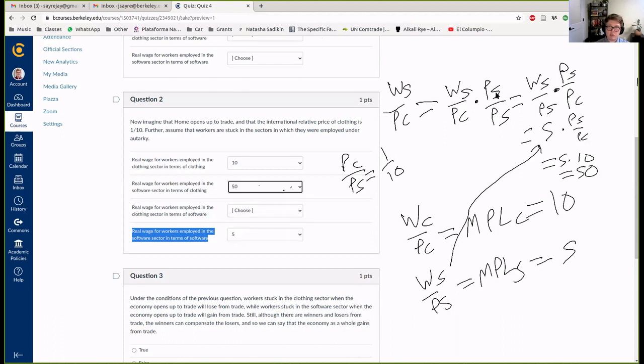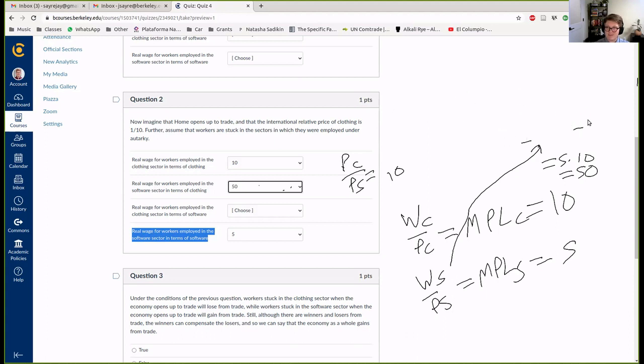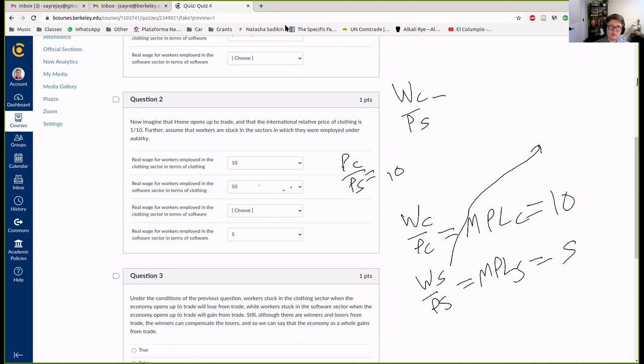And then just for completeness, because I hate doing a job half done, let's look at the wage for workers in the clothing sector in terms of software. So that's WC over WS. We can rewrite that as WC over PC times PC over PS.